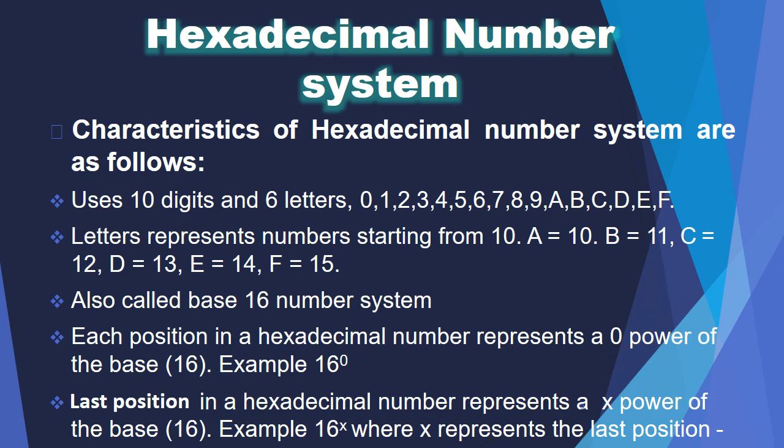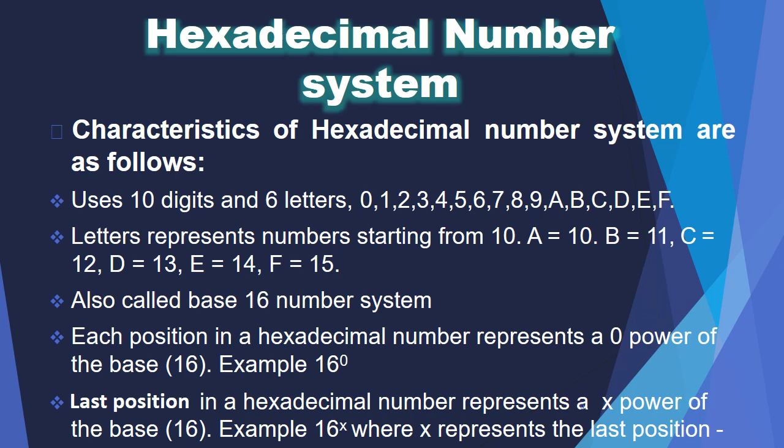So now next is the hexadecimal number system. What are the characteristics of the hexadecimal number system? It uses 16 different digits, that's why it is known as hexadecimal.